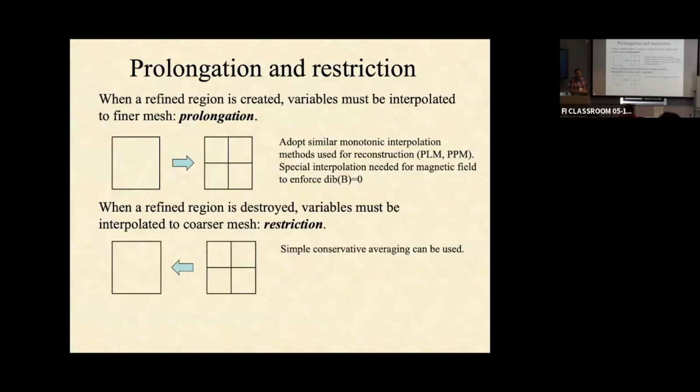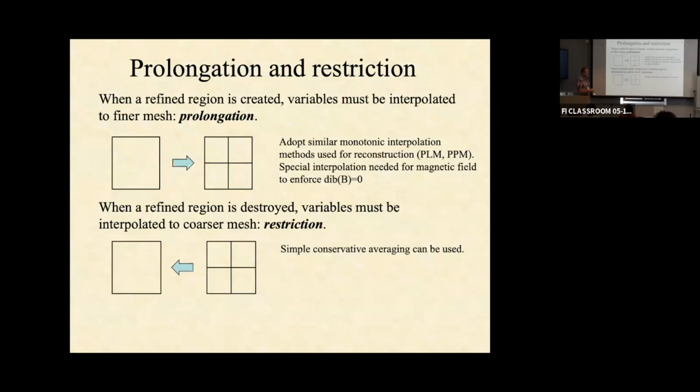When you destroy a refined region, then you need to average through, actually this says interpolated. The variables must be restricted to the coarser mesh. They must be averaged to the coarser mesh. There's a typo there, and that's called restriction.